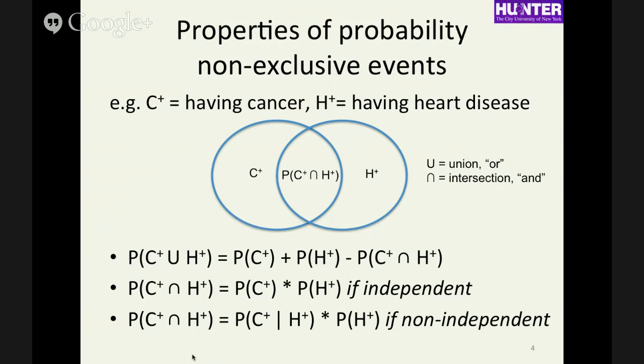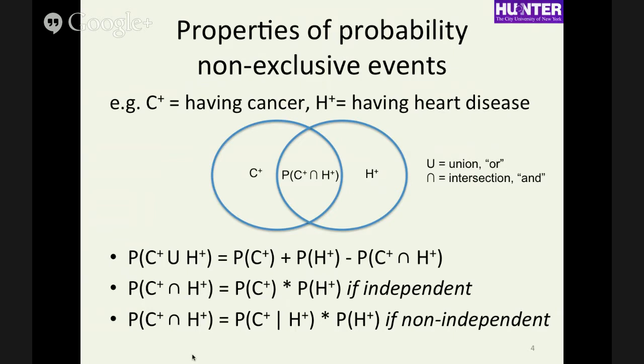Now, you can have non-exclusive events. An example, maybe having cancer, having heart disease. If you're unlucky, you could have both of them. And this is represented in the Venn diagram by having some overlap or some intersection of these two circles. So the probability of having cancer is this circle. Probability of having heart disease is this circle.